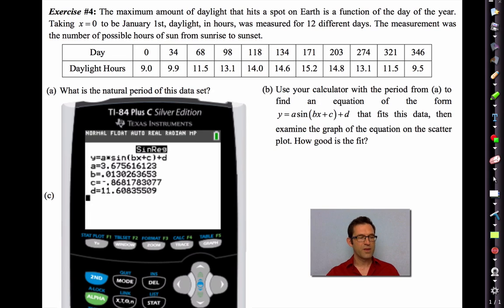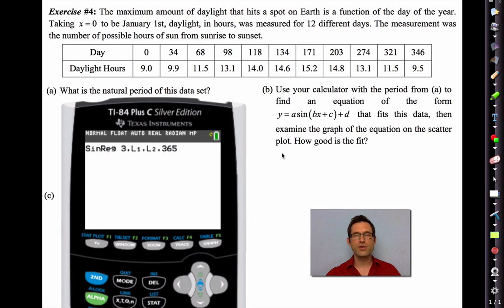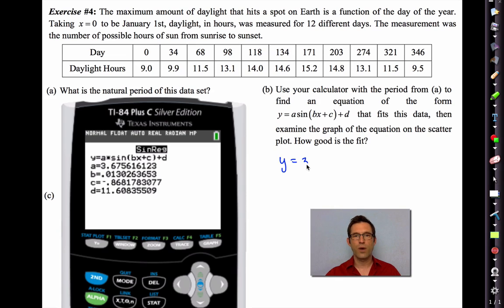All right. So what is our equation? Our equation is y equals 3.7, I guess we'll just keep it that way, times the sine. I'm going to take this out quite a few decimal places. 0.13x minus 0.87.